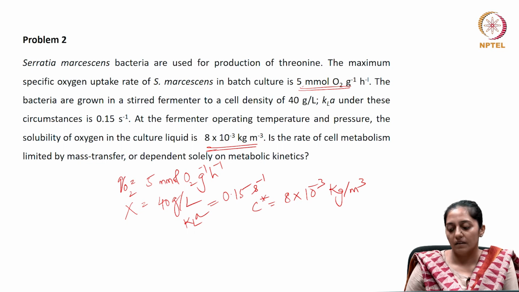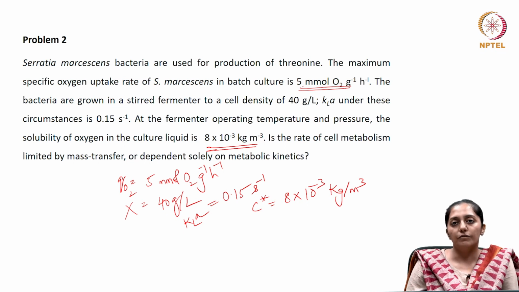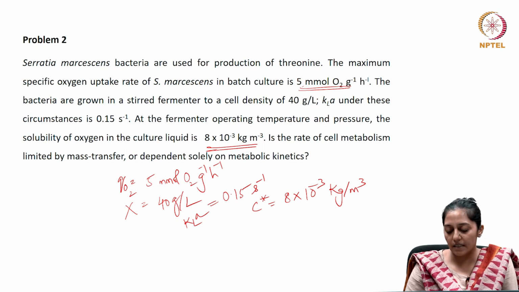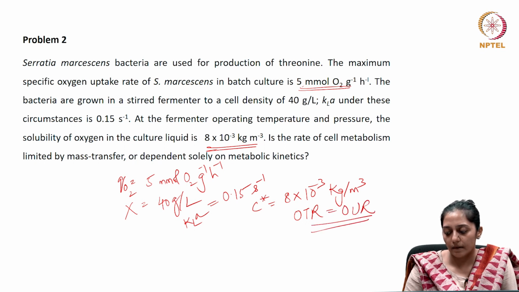Now, we need to determine if the rate of cell metabolism is limited by mass transfer or not. In order to find that, we need to first find the rate of oxygen consumption due to the growth of the bacteria, and whether it matches up with the rate of oxygen transferred inside the reactor. Only when OTR is equal to OUR, it is meeting the demand of the culture.